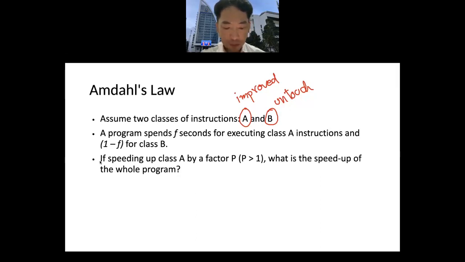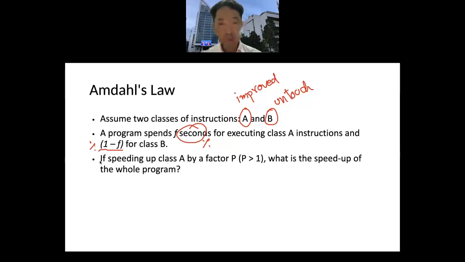If a program spends F% of its time, maybe this one should be percent or ratio, to execute the class A instruction, the rest of the time the program is on class B. Or maybe this one you can use the percent as well.